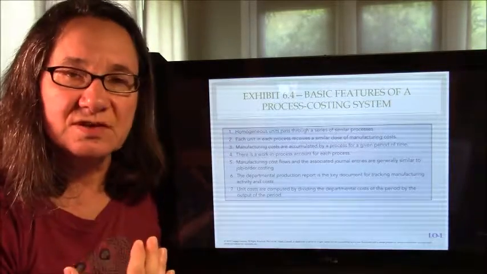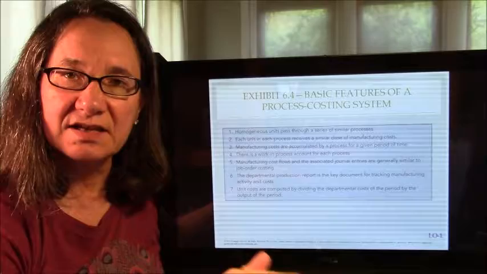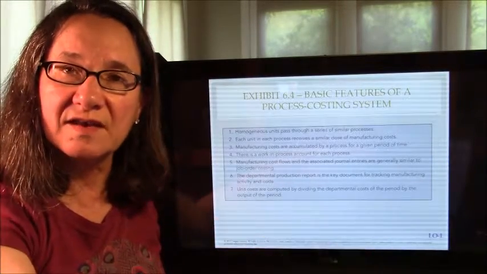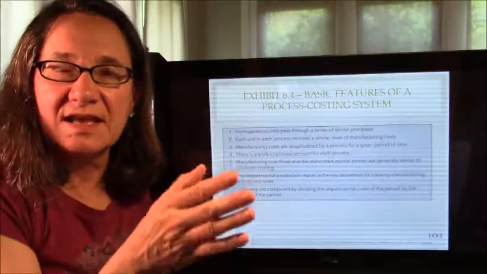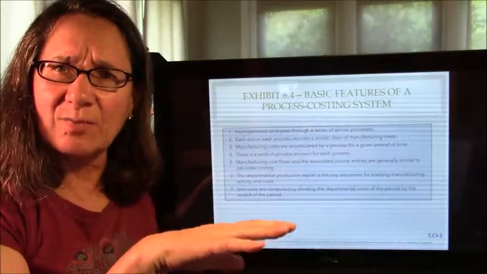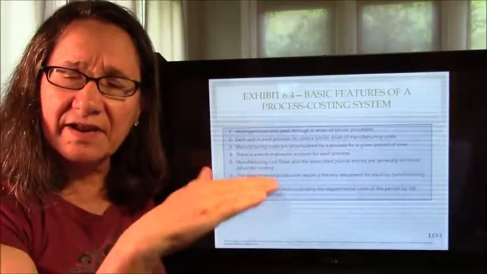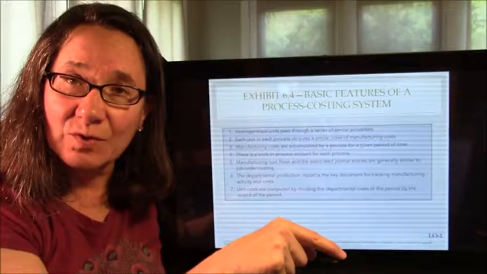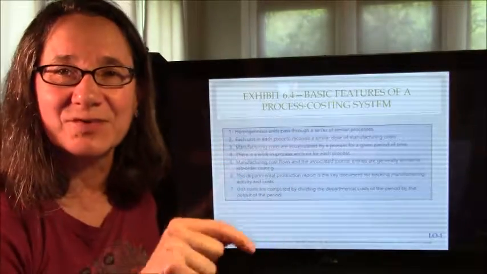So the features of a cost system let us track these multiple work in process inventories and keep track of the units as we're going, right? Because at the end of the period, the month, the quarter, the year, we have to stop and do our financial accounting. So we have to say, well, how much cost is in that inventory and that inventory and that inventory?